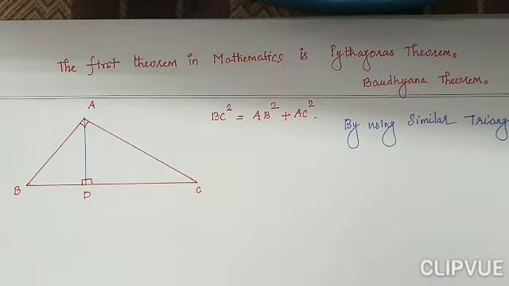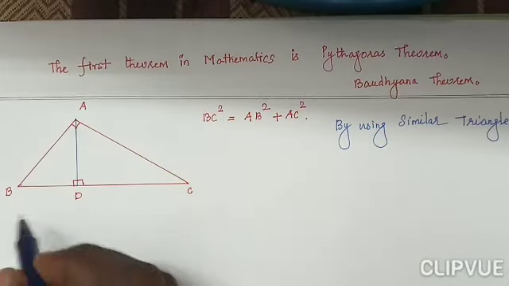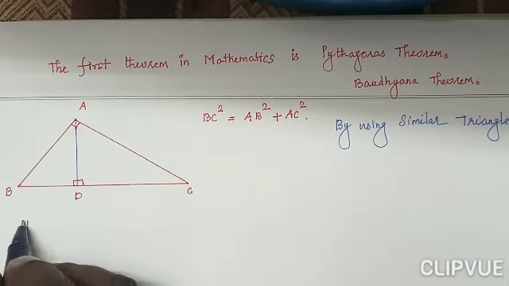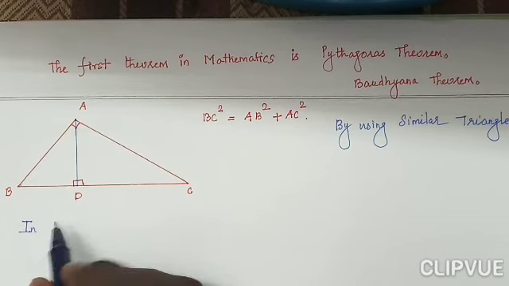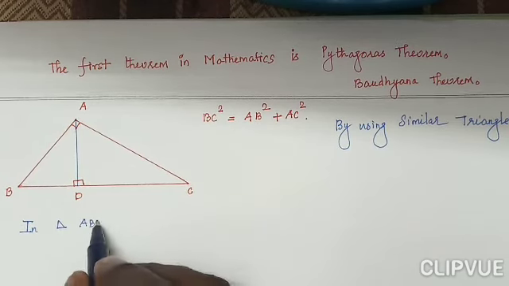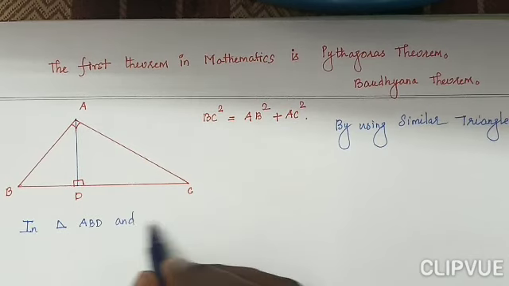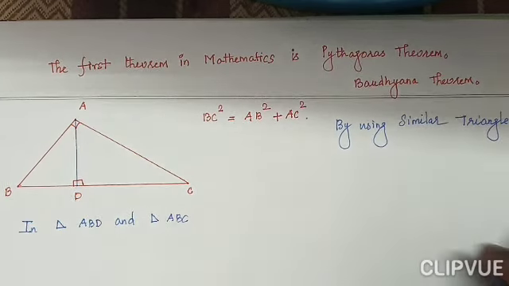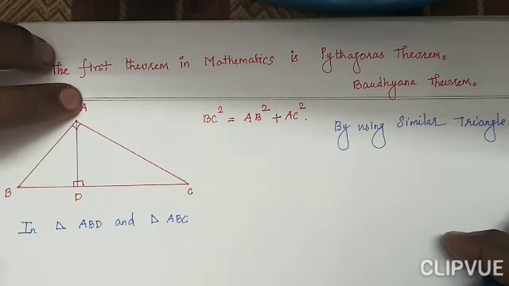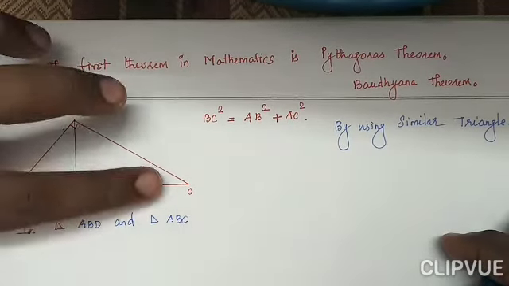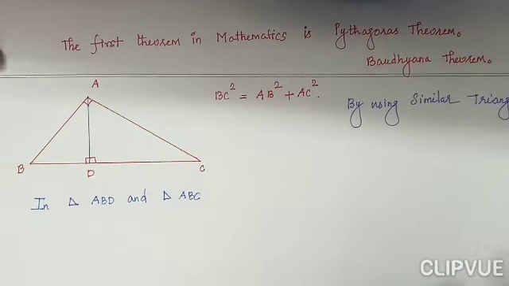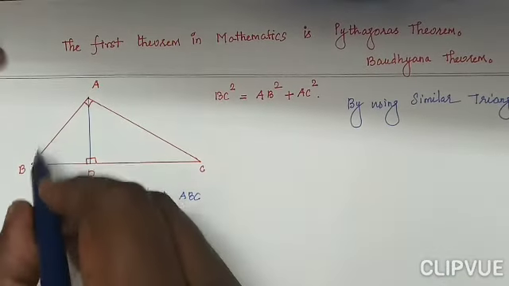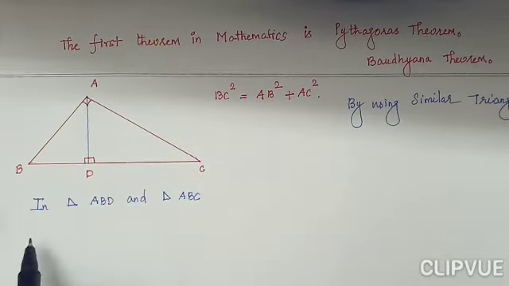First, in right triangle ABD and right triangle ABC, I am going to take the left hand side triangle ABD and the whole triangle ABC. Here angle B is common.